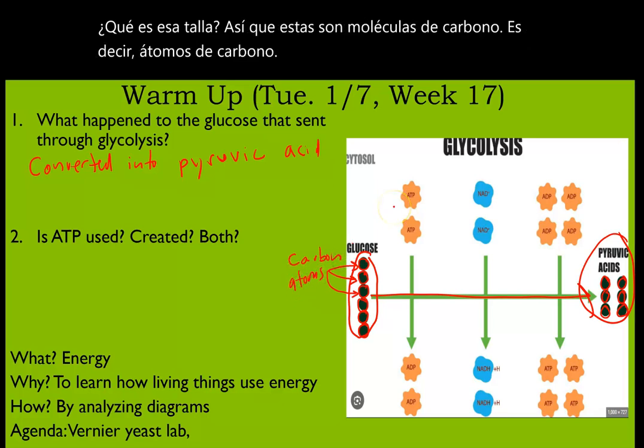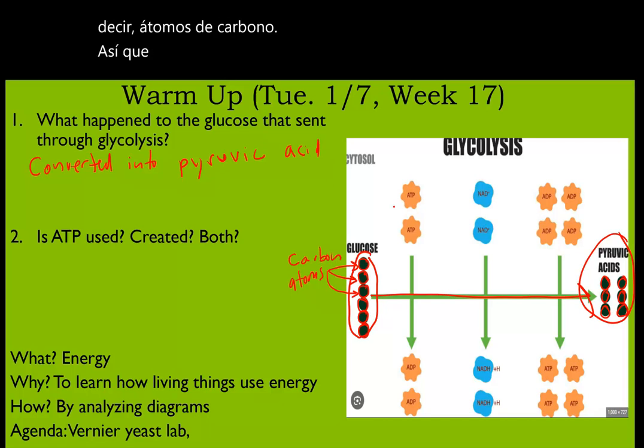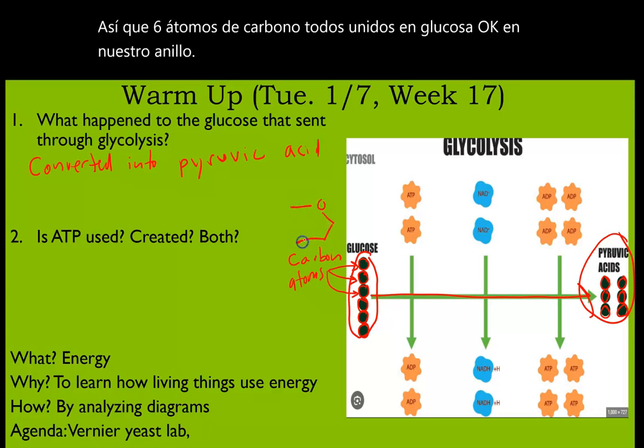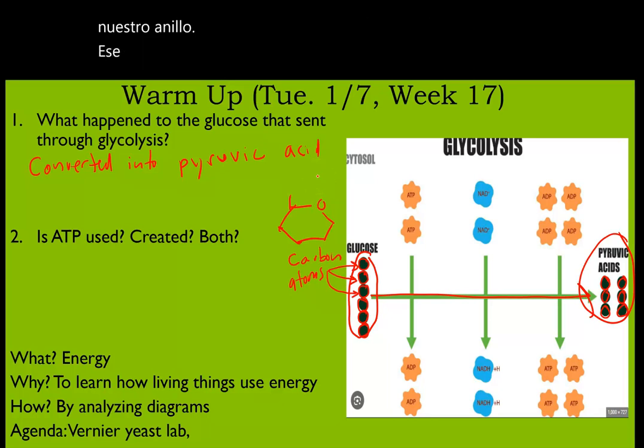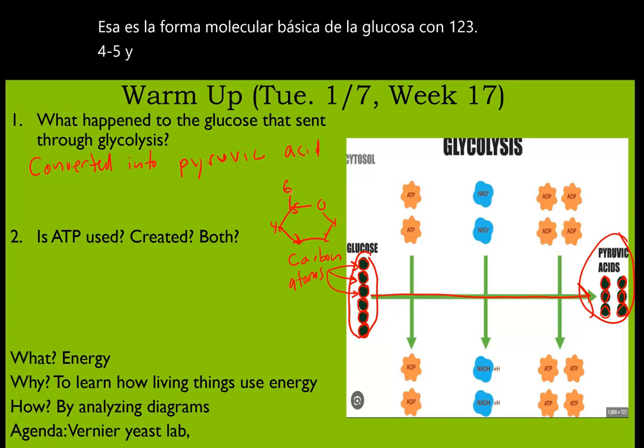So 6 carbon atoms all joined together in glucose, in a ring. That's the basic molecular shape of glucose, with 1, 2, 3, 4, 5, and then 6 carbons. Then, after glycolysis happens, those 6 aren't together anymore, right?